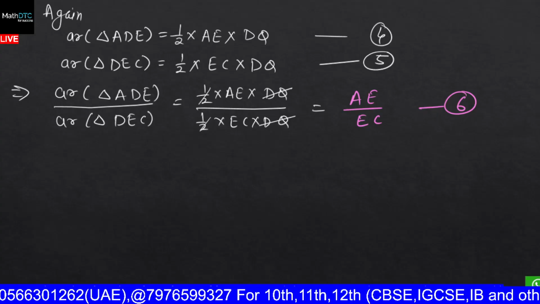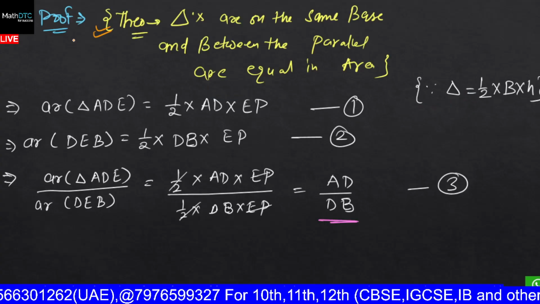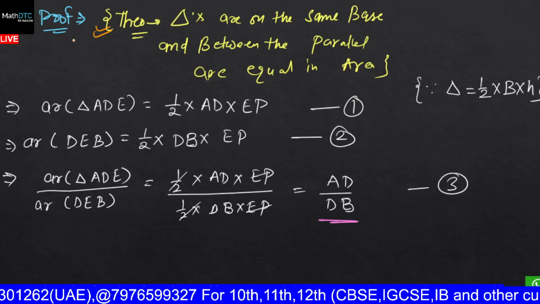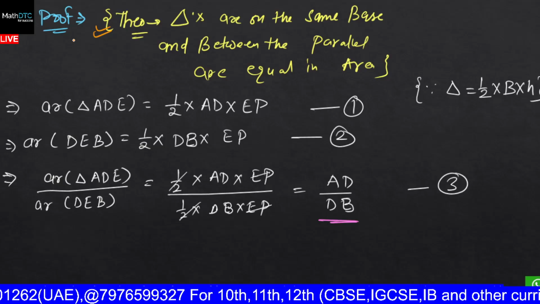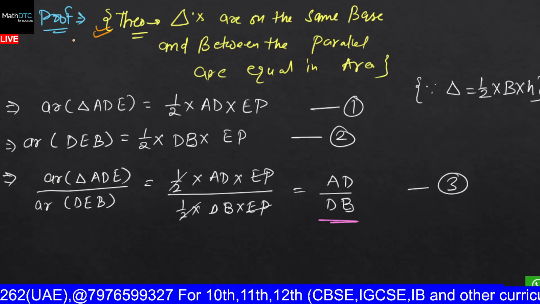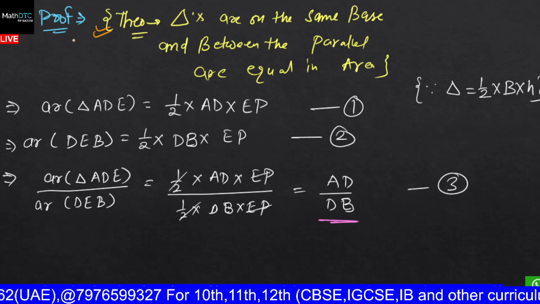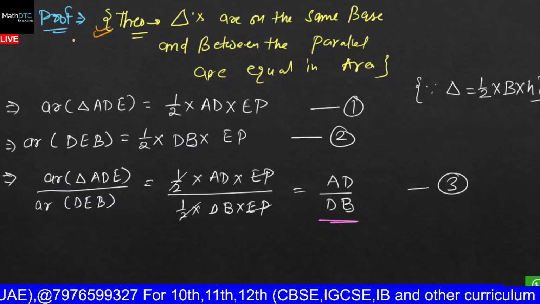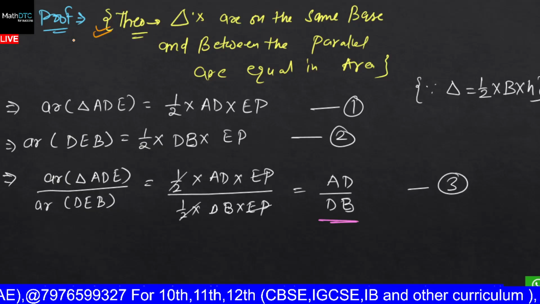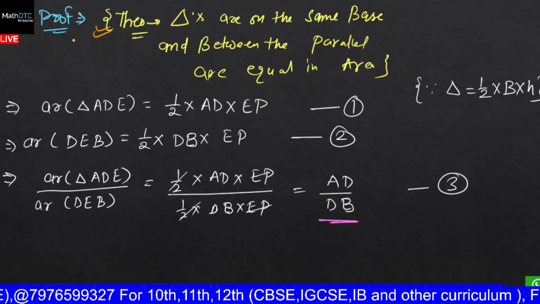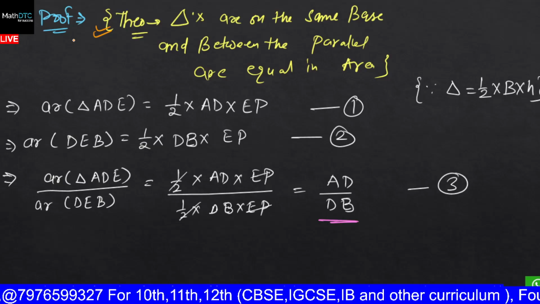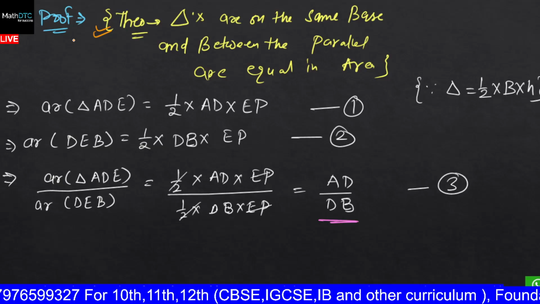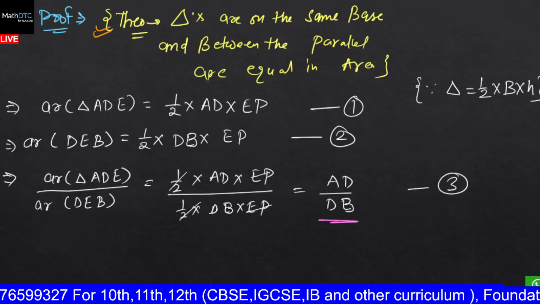Now come to check the statement of the theorem we wrote previously. Read the statement. Can you observe from the statement that the triangles are on the same base and between the same parallels, right?